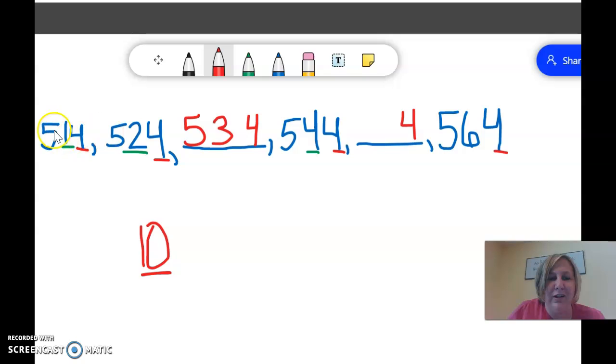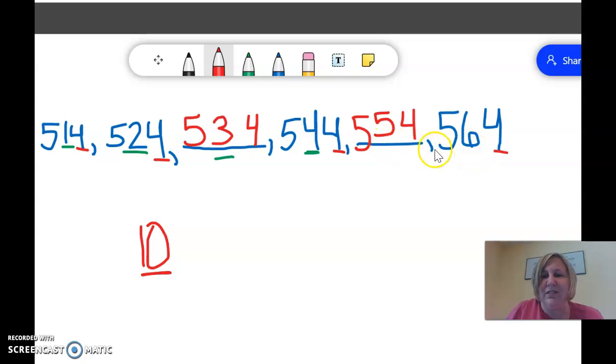I know that it goes 10, 20, 30, 40. So this is going to have to be a what? That's right, a 50. And what hundred do I have so far? That's right, a 500.